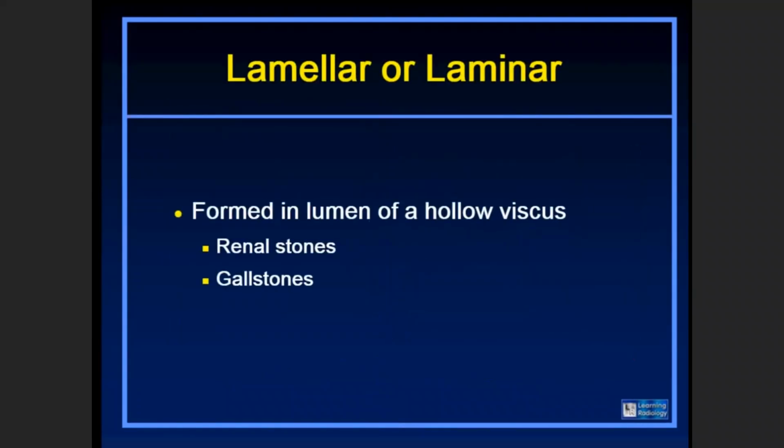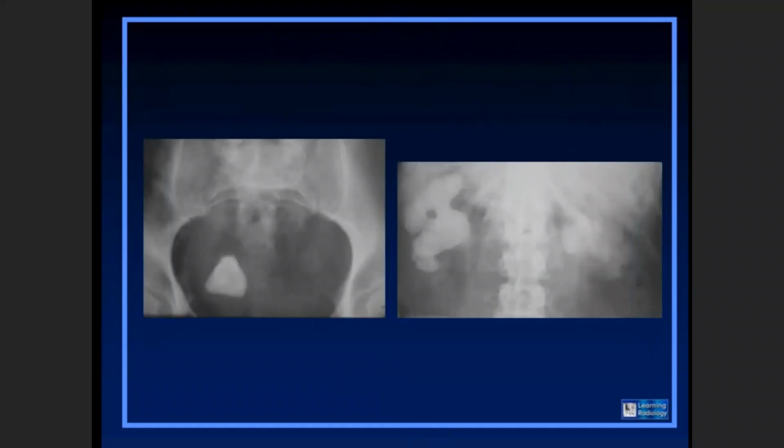Lamellar or laminar type of calcification is formed in the lumen of hollow viscera. Lamellar comes from the lumen, like in renal stones, bladder stones, and gallbladder stones, which is an accumulation of calcium stones within the hollow viscus. For example, this is in the urinary bladder.